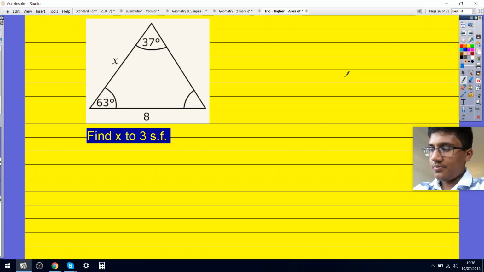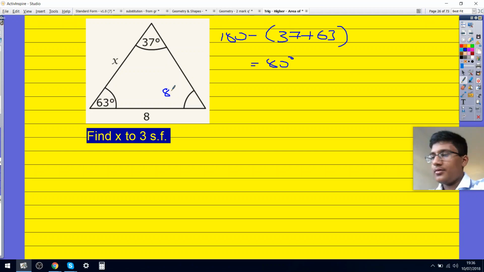We're not given the angle opposite to x, but we know angles in a triangle add up to 180. So 180 minus, in a bracket, 37 plus 63, gives us 80 degrees there. That's the only trick there.